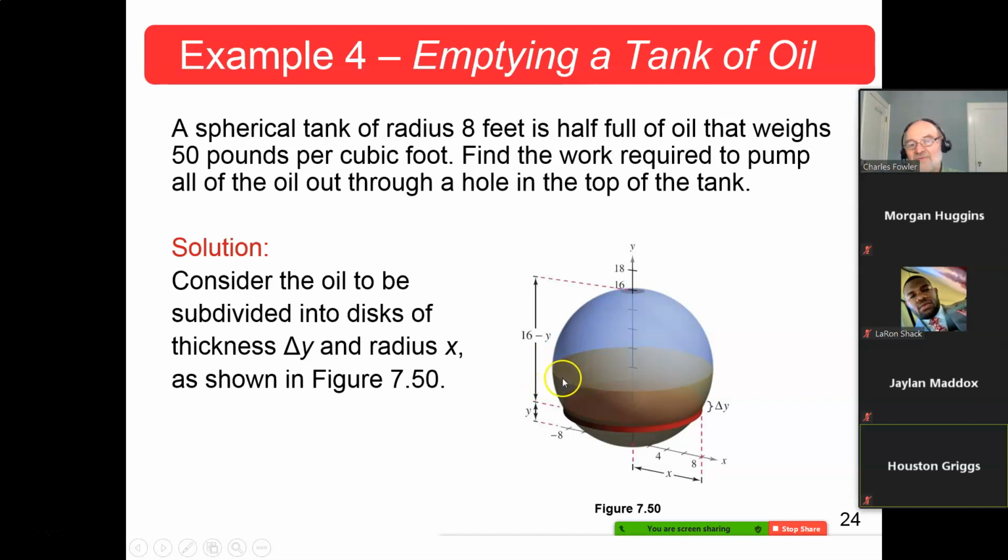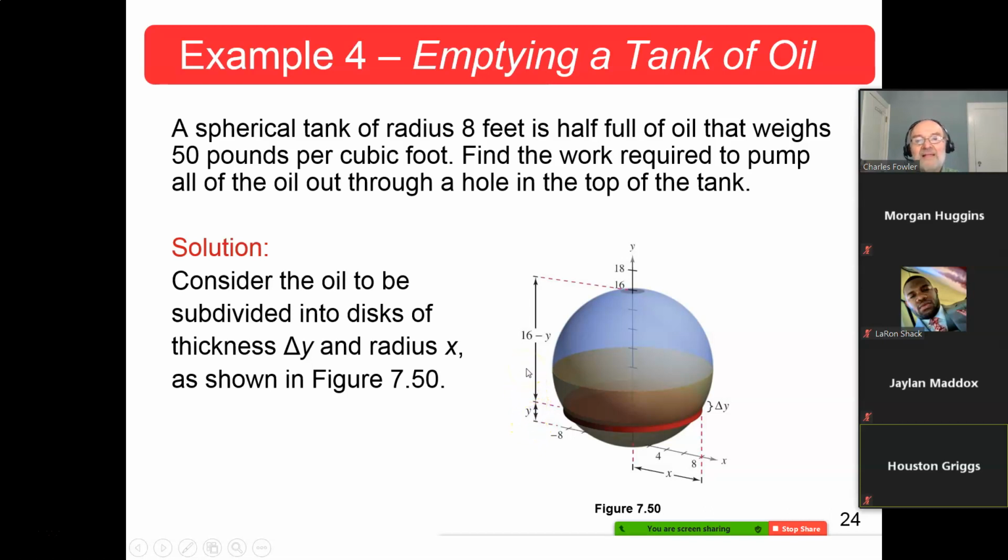So you're varying y from 0 to 8, and since you have thicknesses of delta y, that's going to turn into a dy, so your limits of integration are 0 to 8.